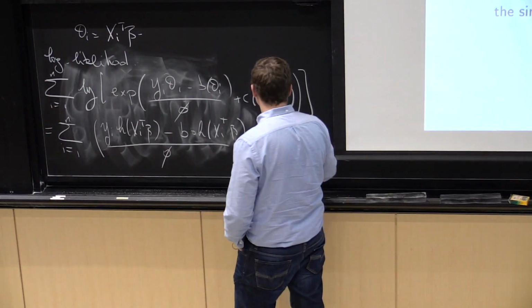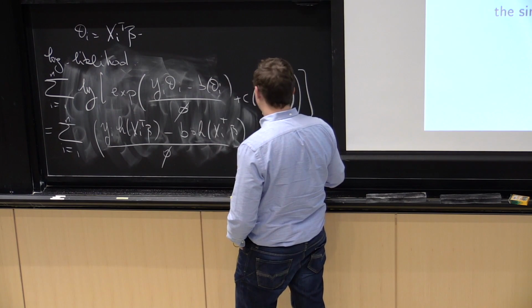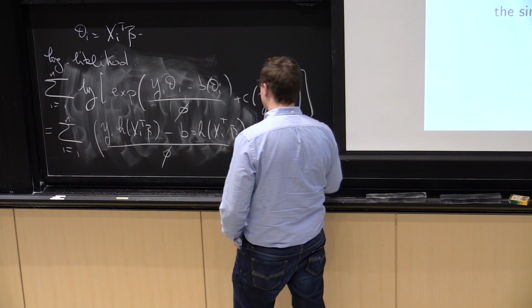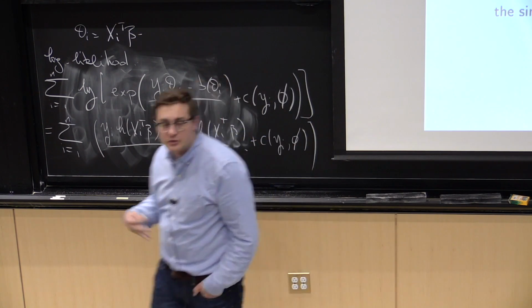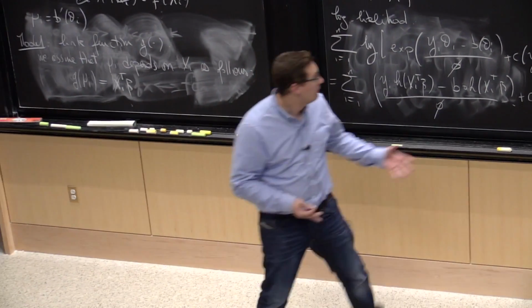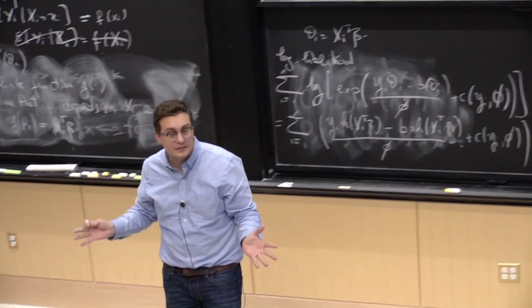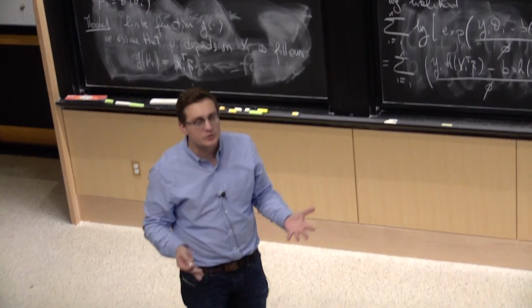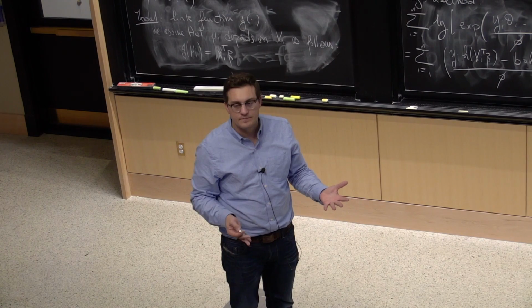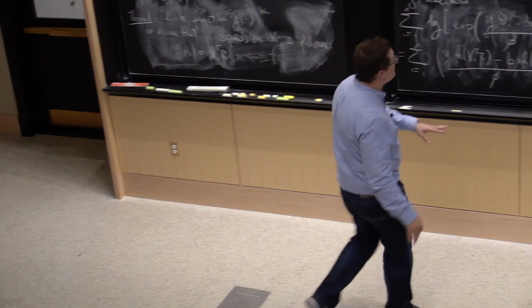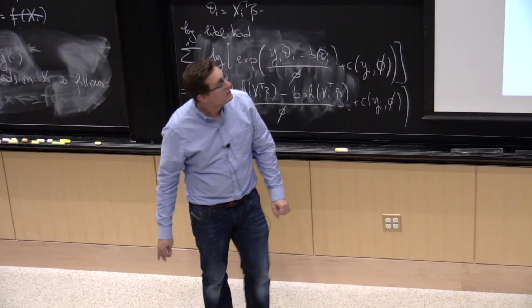And then I have, again, this function c of yi phi, which won't matter because when I try to maximize this thing, this is just playing the role of a constant that's shifting the entire function. So in particular, the argmax is going to be exactly what it was. Okay? So this thing is really not going to matter for me. I'm keeping track of it.